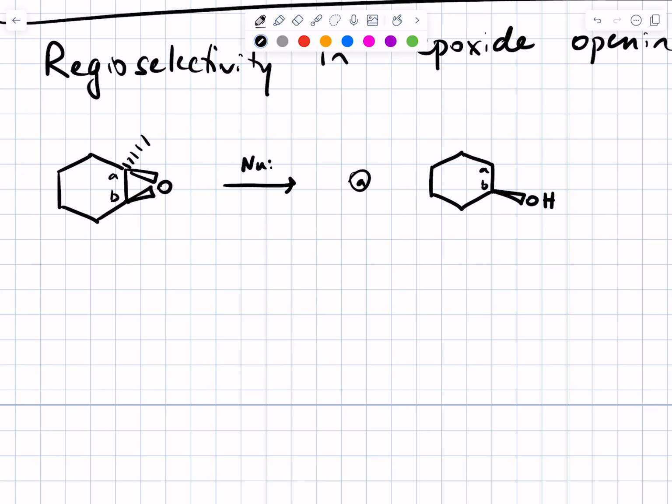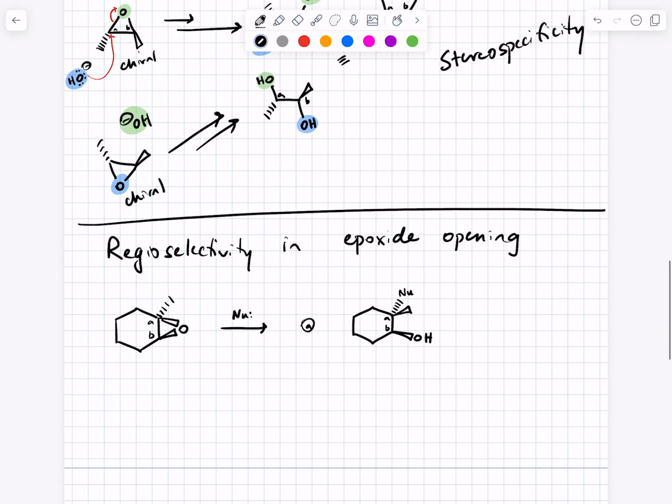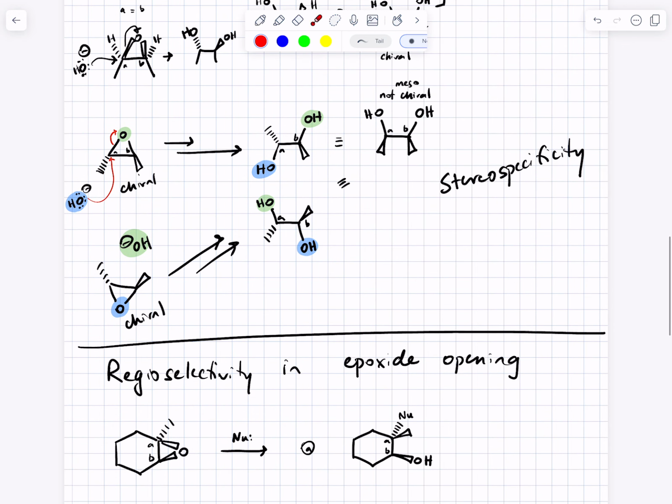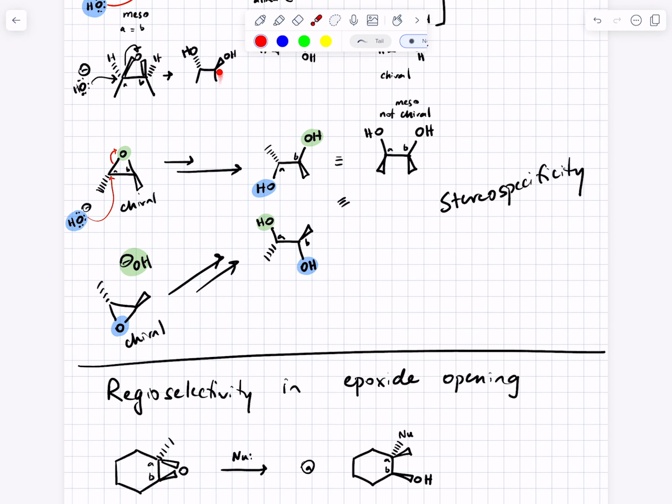At carbon A, to show inversion of configuration from this perspective, the nucleophile is going to be a dash, and the methyl group, which used to be a dash, is now going to be a wedge. What I just showed you for epoxide opening is analogous to what I showed you up here from opening of an epoxide from this perspective.